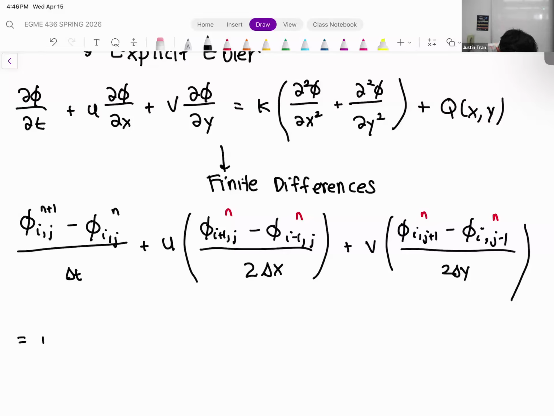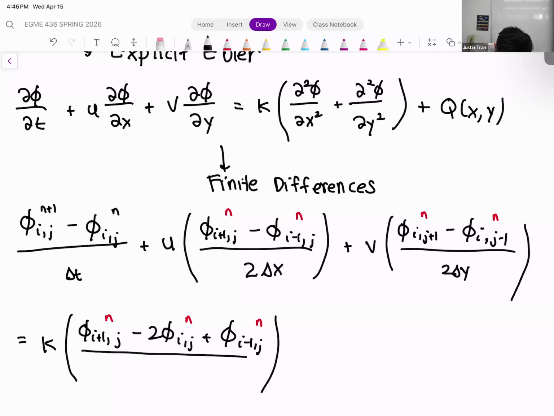All right, these are equal to k. Second order derivative. And for the second order derivative, remember, we only have one option. So this is phi i plus 1 comma j minus 2 phi i comma j plus phi i minus 1 comma j, all evaluated at time step n, divided by delta x squared.